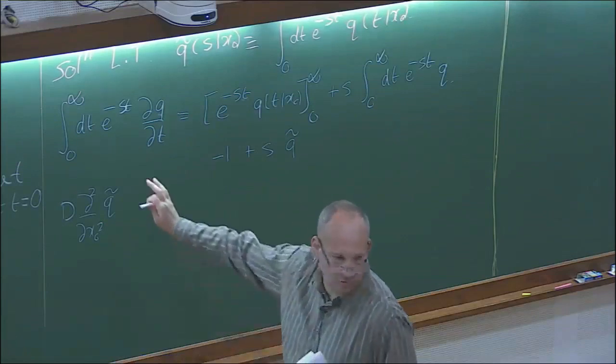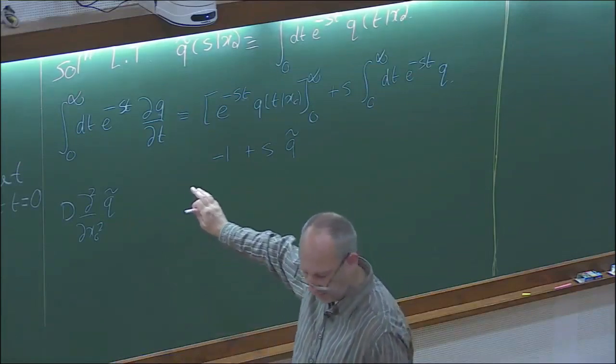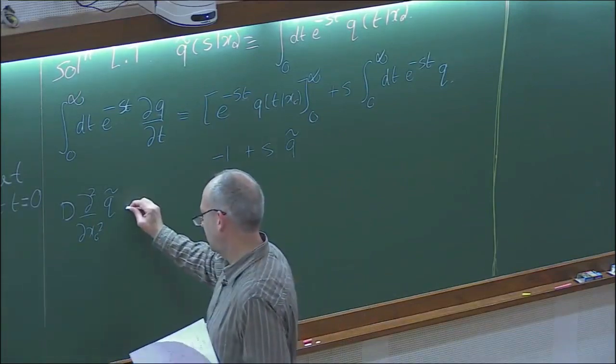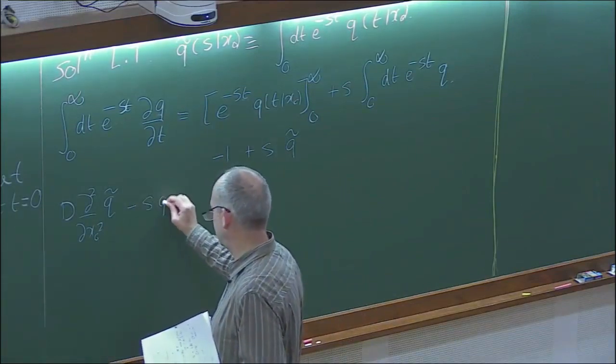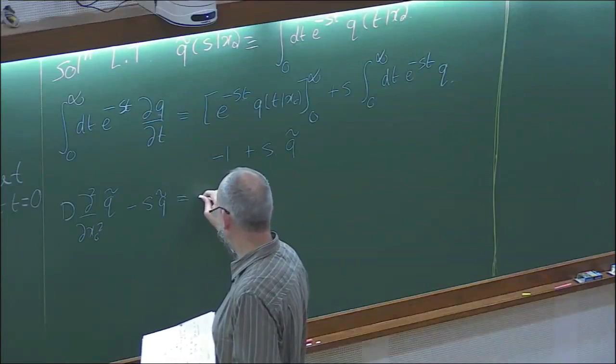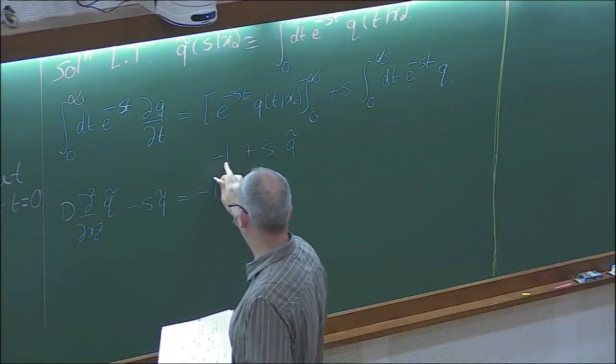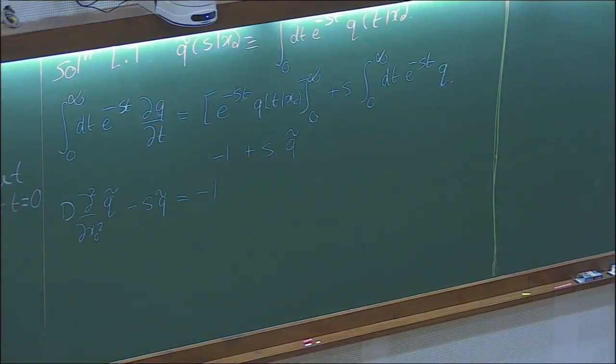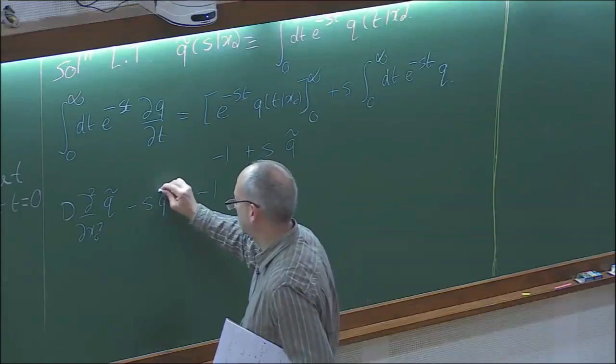Won't write out the arguments. Then this one here will become minus s q tilde, and I'll get is equal to minus 1 here. So this equation, hopefully that's clear, this is what I need to solve.